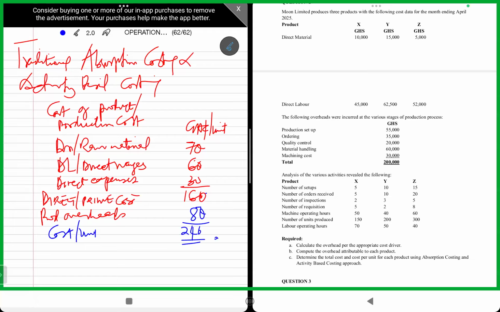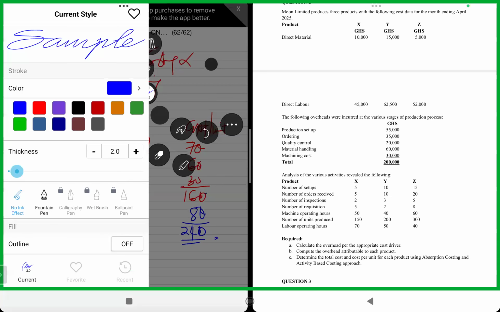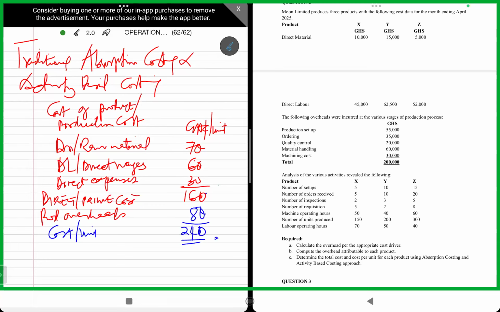Now pay attention. What's the difference between the traditional absorption costing and activity-based costing? The difference lies in how the overheads are computed.